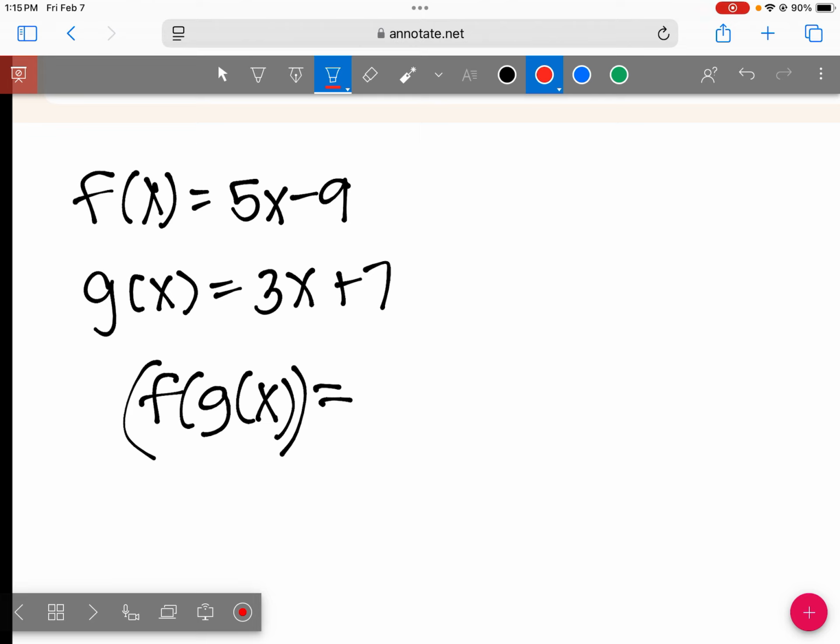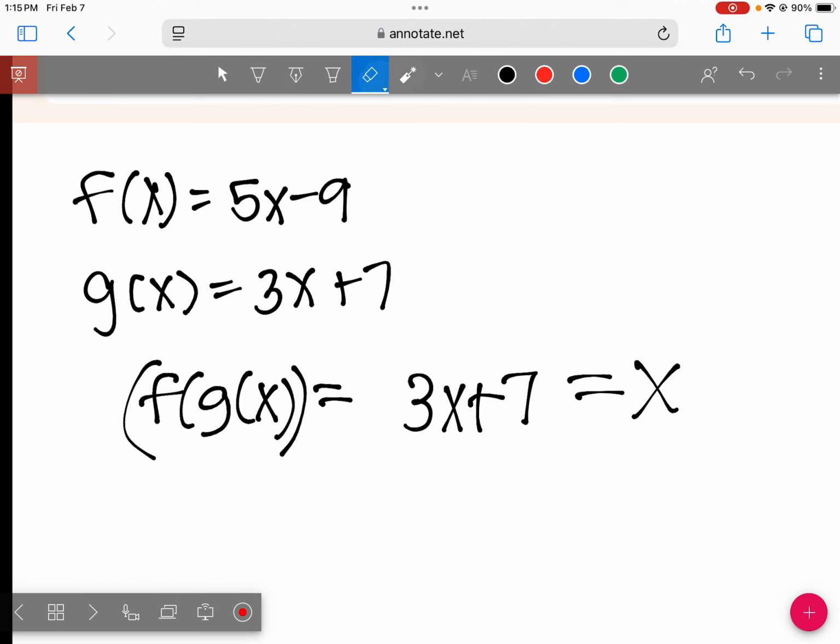So what we probably did a lot in algebra was you're given like f of g of 5. So you would plug 5 into g and then plug what you got in there into f. But when you just have an x sitting there, you just plug in an x where all the x's are. So we at first get 3x plus 7, and that is our new x.